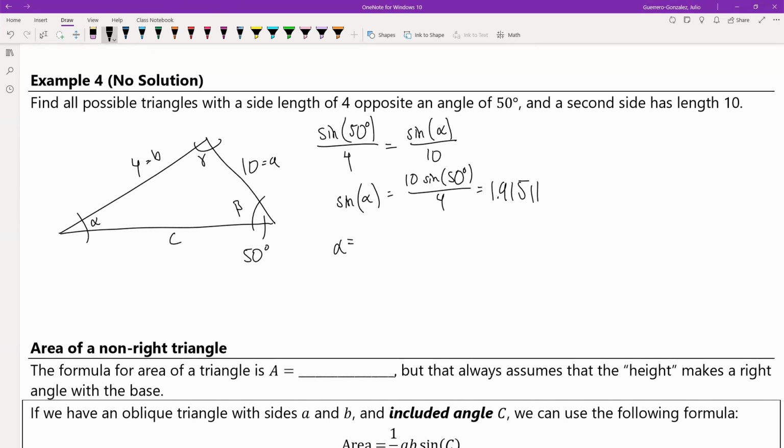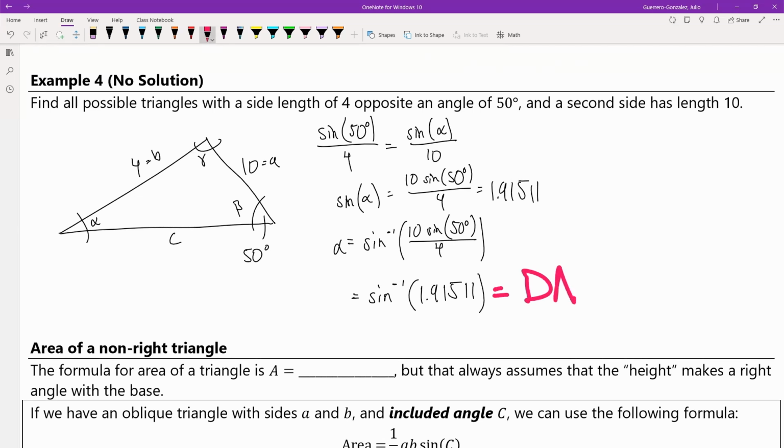Alpha has got to be equal to sine inverse of 10 sine 50 degrees all over 4, which is the same thing as sine inverse of 1.91511. Okay. Hopefully you guys see this should trigger does not exist.